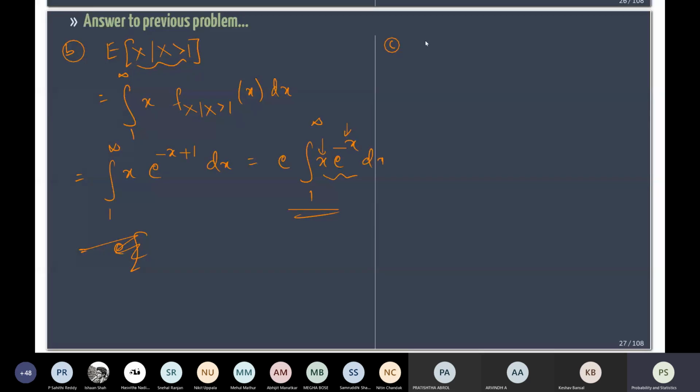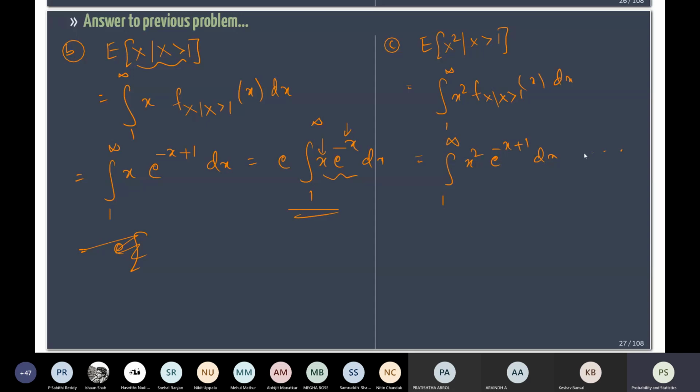First of all we need the expectation of x squared given x greater than 1, so this is the integral of x squared f of x given x greater than 1 dx, with the range 1 to infinity. So this is the integral from 1 to infinity of x squared e to the minus (x plus 1) dx, and it can be solved further.